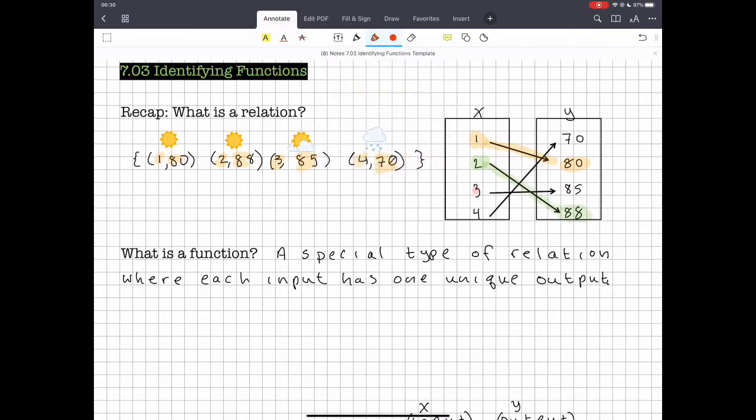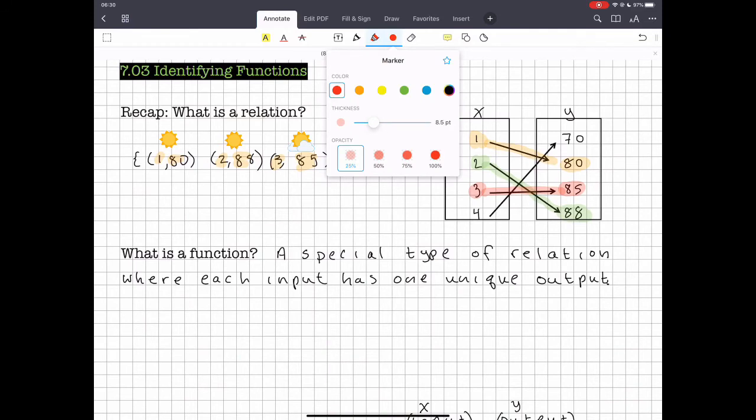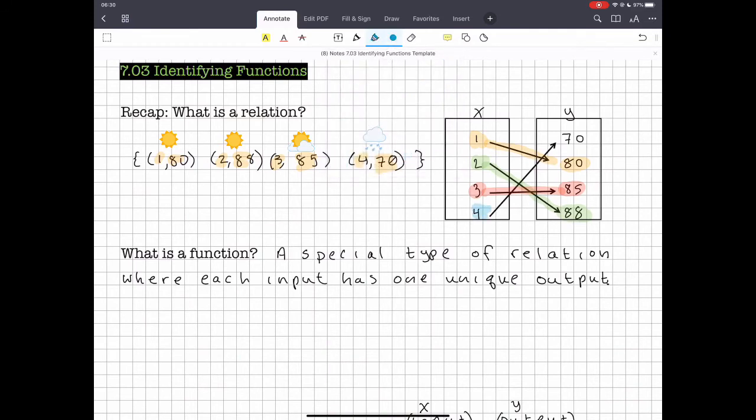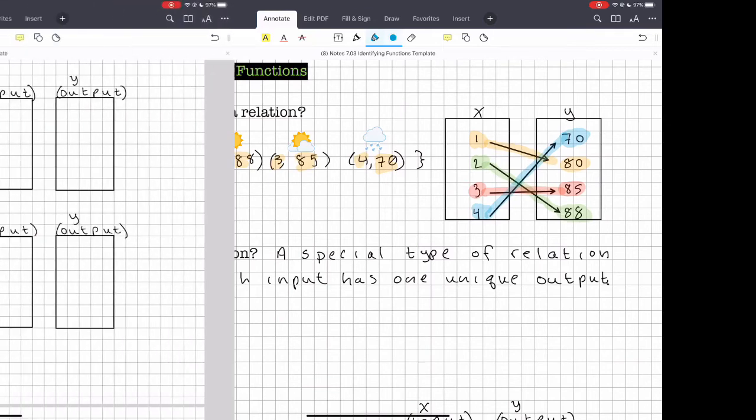The 3 leads us to 85, just one output. And the 4 leads us to 70. So the example up above is a relation and it's a function. Remember, a function is a special type of relation.